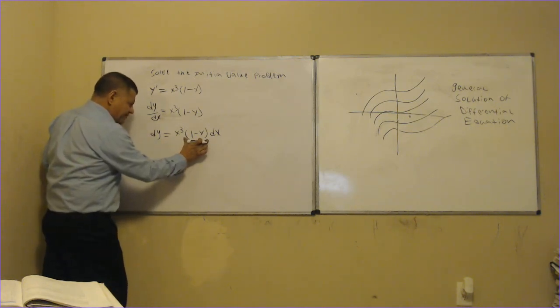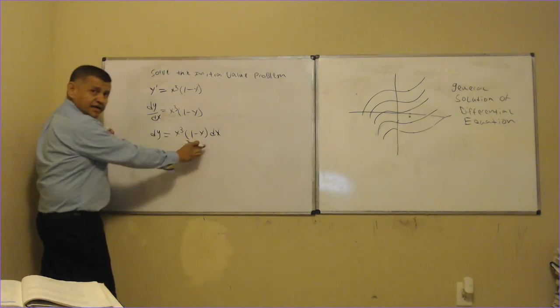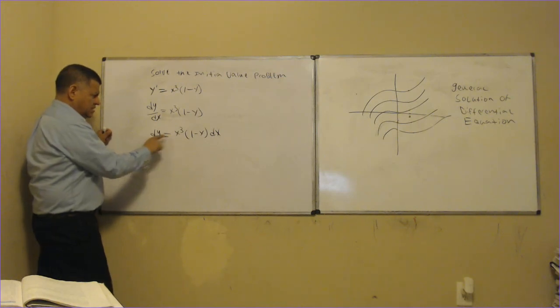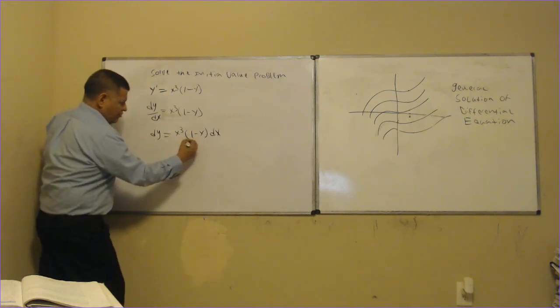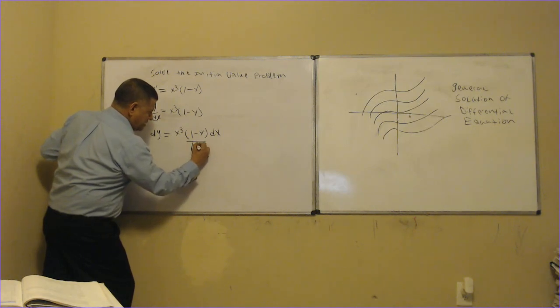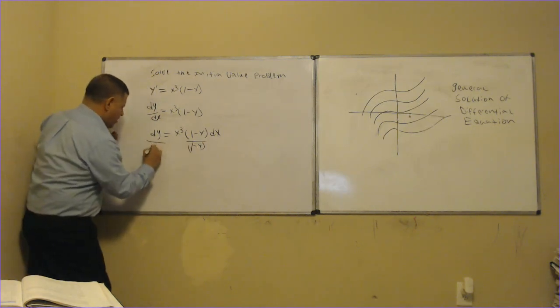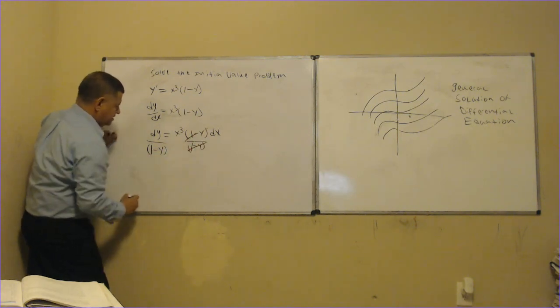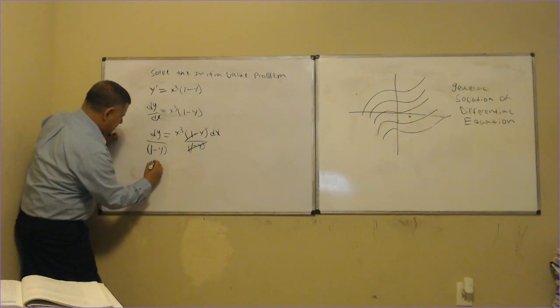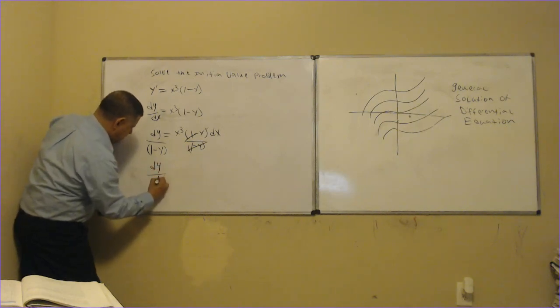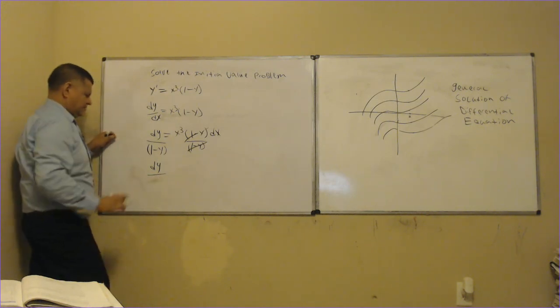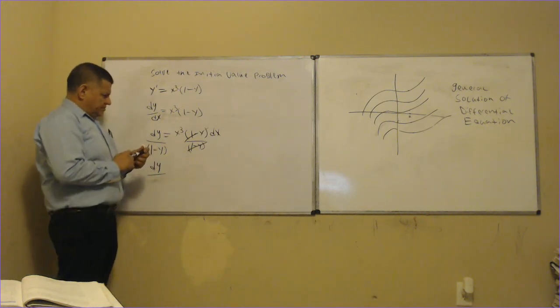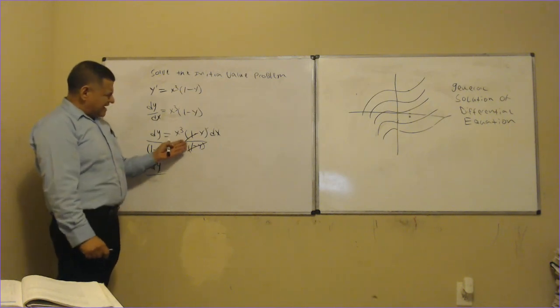Now, divide by the 1 minus y here, right? Why? Because they have to be y. So I will divide by 1 minus y, divide by 1 minus y, right? That cancels out, and I get dy over 1 minus y. We say cancels out, but technically it's not canceling out, right?